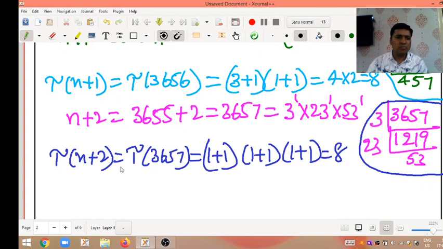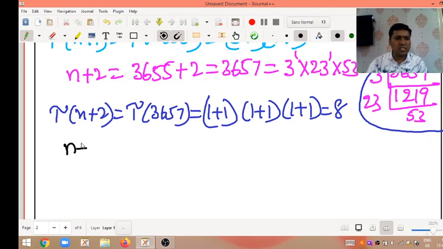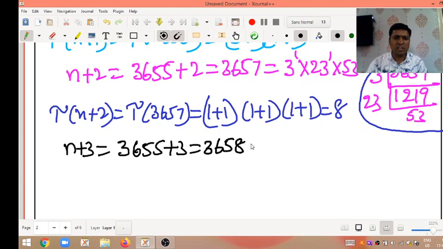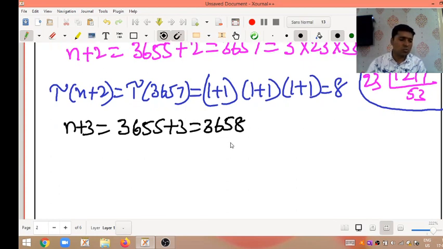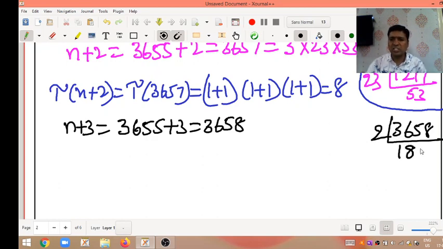Now again, what do you want to find? n + 3 value you want to check. n value how much? 3655 + 3 is equal to 3658, which this one also we want to convert as a prime factorization. 3658, in the unit place 8 is there, so it is divisible by the prime 2. 2 1s are 2, 2 8s are 16, 2 2s are 4, 2 9s are 18, my dear students.